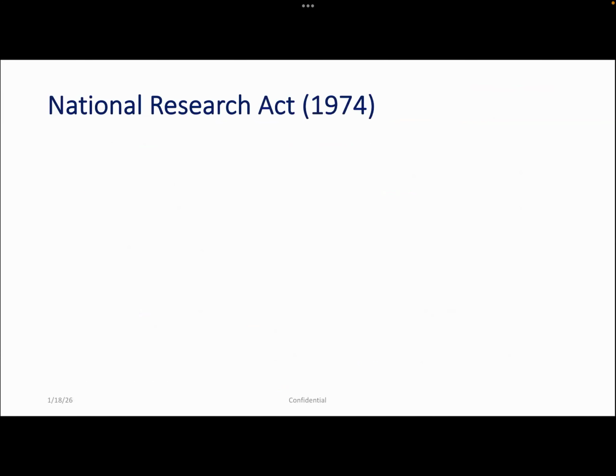All right, so now we can take a look at the outcome of this tragedy. So, the National Research Act in 1974. Now just imagine, this was the institute we are talking about, Tuskegee Institute.